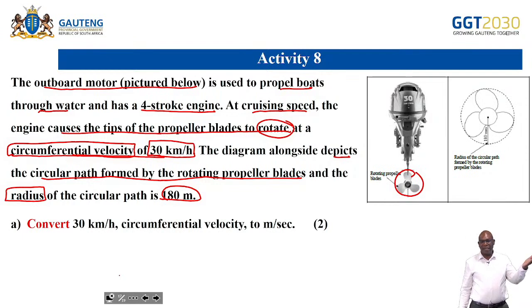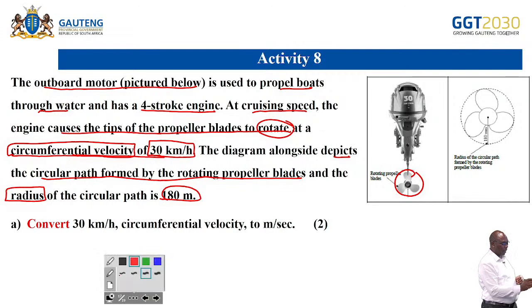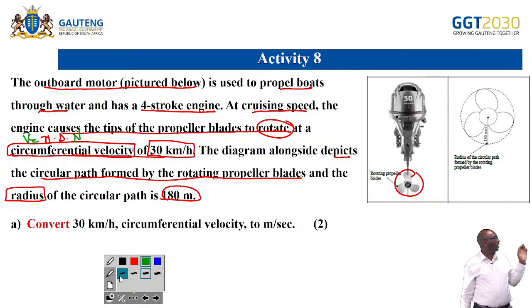So if it's 180 meters, which is a radius, and I've got a circumferential velocity, I can come here and just put the formula for circumferential velocity. So I just write down my little formula there. I already know that the circumferential velocity is 30 kilometers per hour.